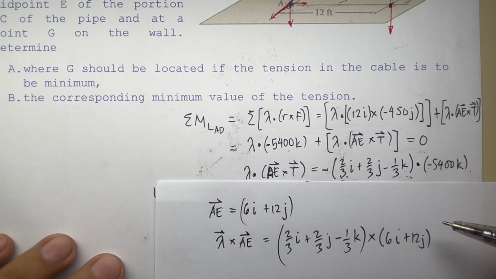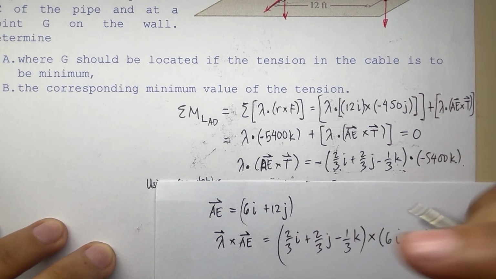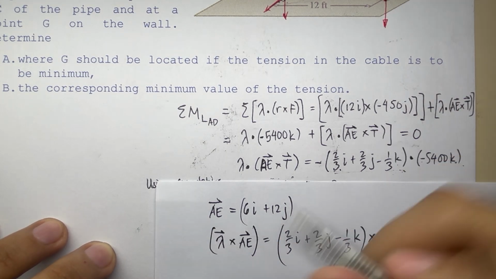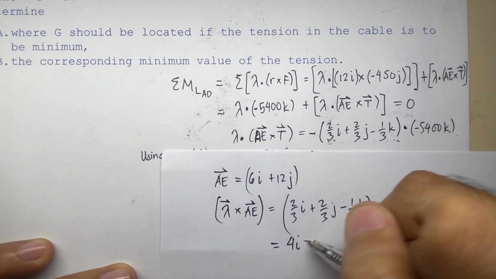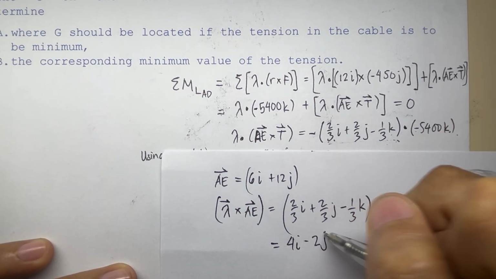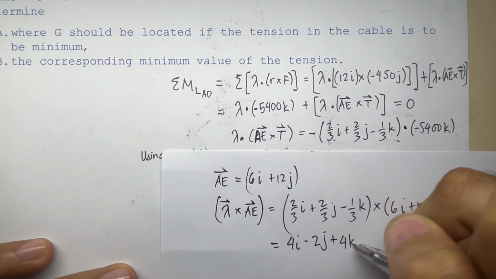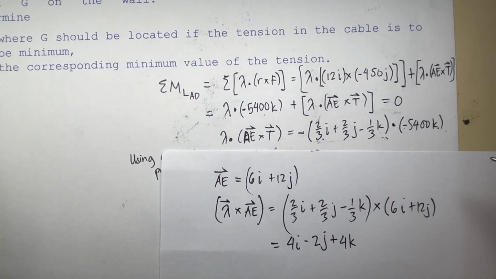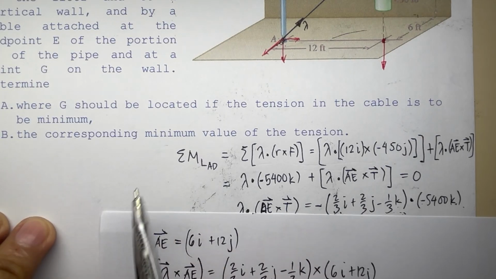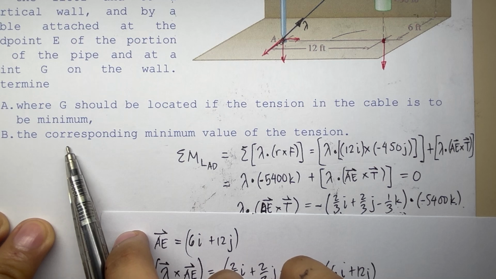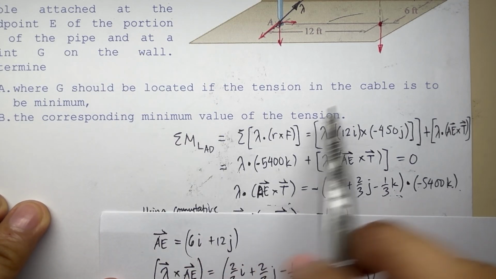If we solve this expression, the cross product of lambda and AE is equal to 4I minus 2J plus 4K. Now, what we're asked here is to find the minimum value of our tension.